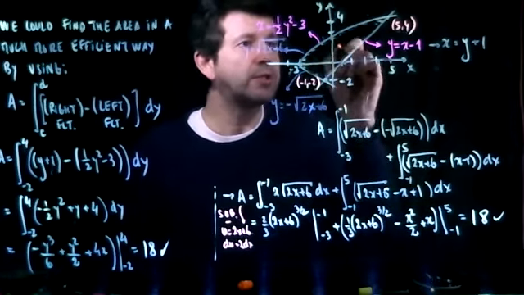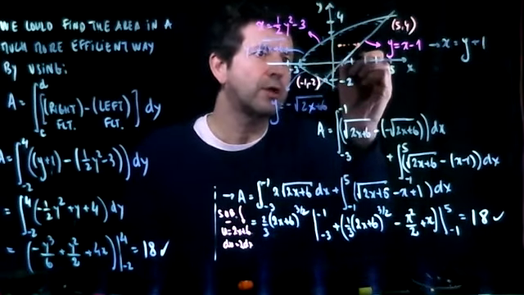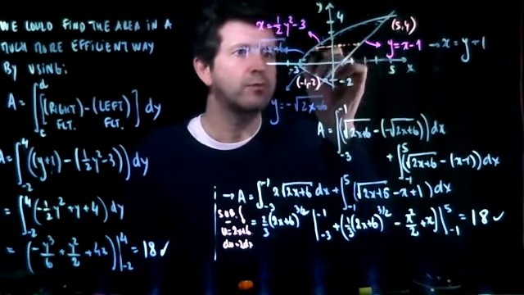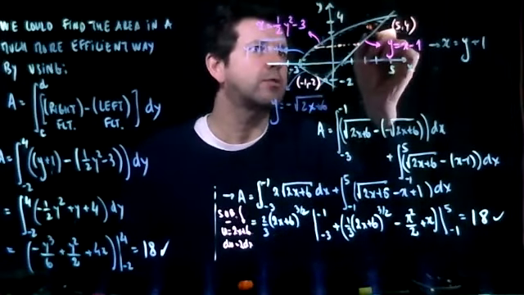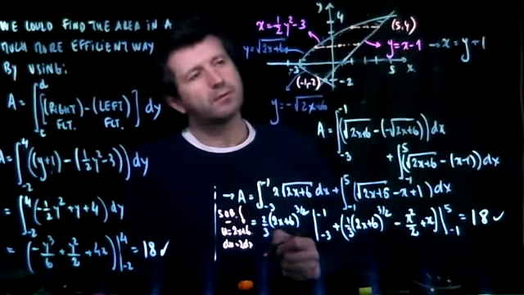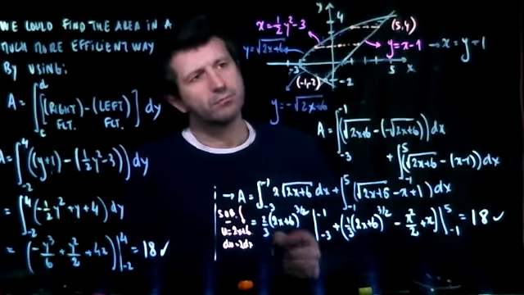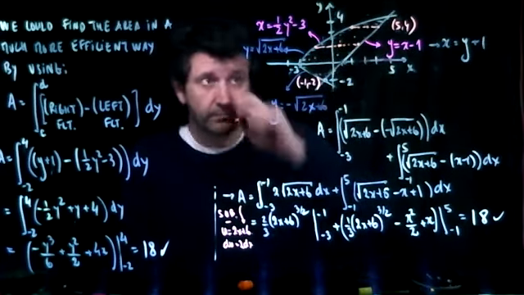If on any point inside my region I look to the right, where's my function? Oh, this one. I look to the left, where's my function? Oh, this one. At any point. If you're here, look to the right, this is my function. Look to the left, this is my function. That's how you recognize a function, no matter where you are in your region. You understand?